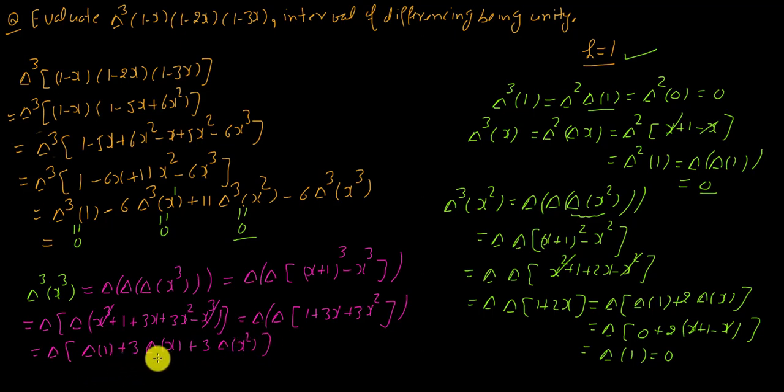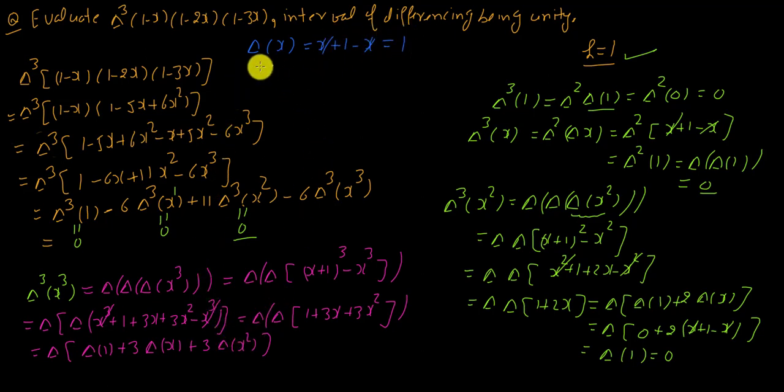Fine. Now we have to find the value of delta x. Here you will see that delta x is nothing but equal to x plus 1 minus x, so this is equal to 1. Fine.